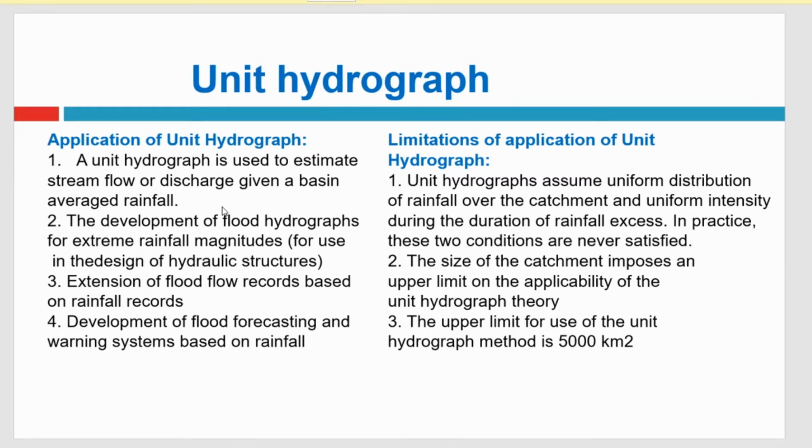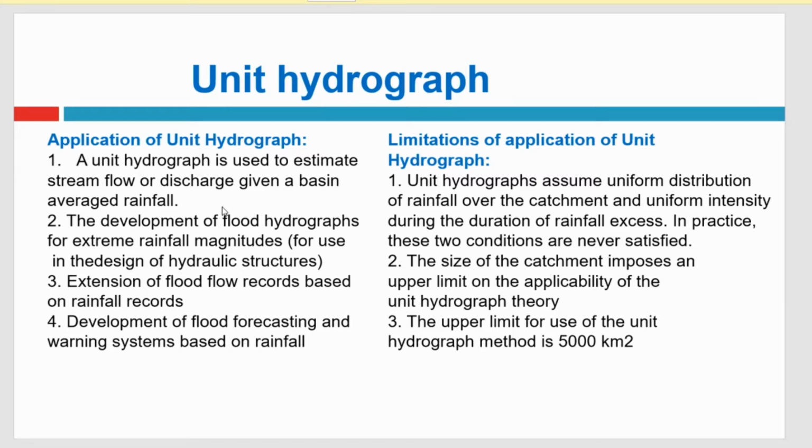Now I have already explained the limitations to you. One major limitation is that if you have a 2 hour unit hydrograph, you have to apply it to the corresponding 2 hour rainfall period. For example, I have a 2 hour unit hydrograph, the rainfall has happened for 2 hours and the rainfall is around 5 centimeter.